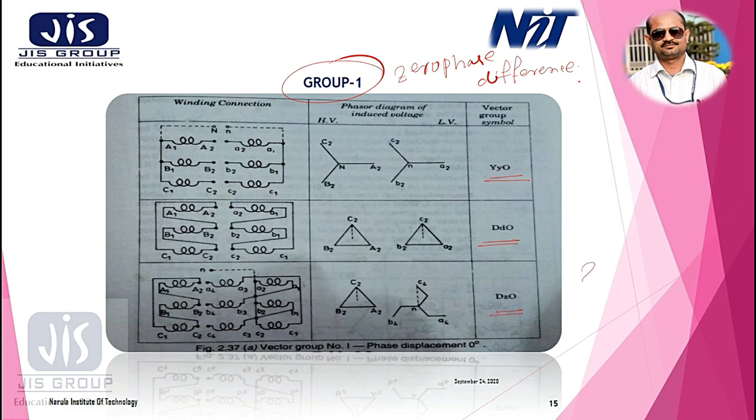But we are not going to discuss zigzag connection or interconnected transformer because this is not in our scope. So let me discuss these two connections, YY0 and DD0. First we will draw the winding connection, then the phasor diagram of induced voltage and the vector group symbol, that is the clock designation.